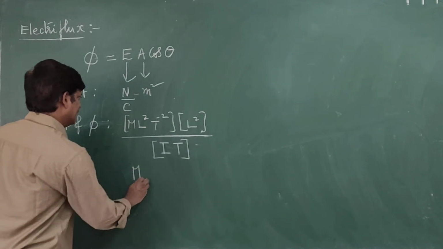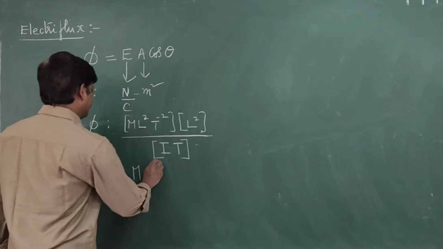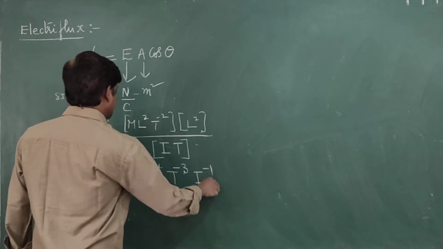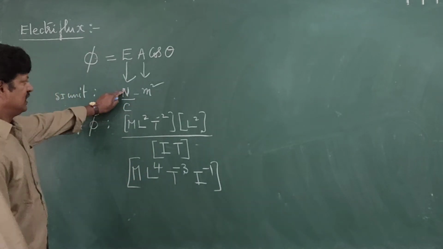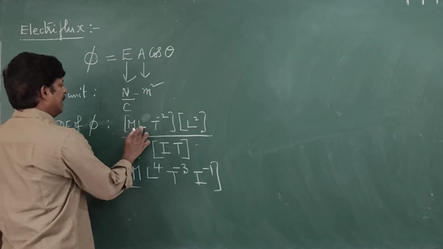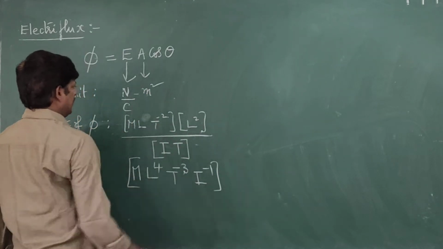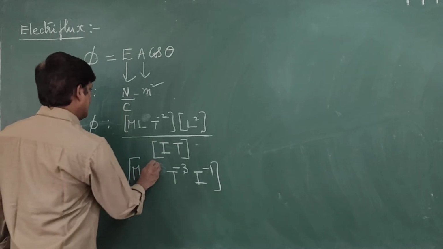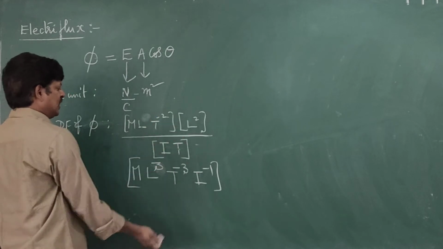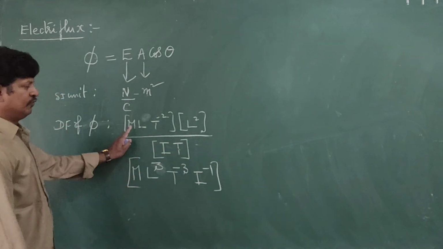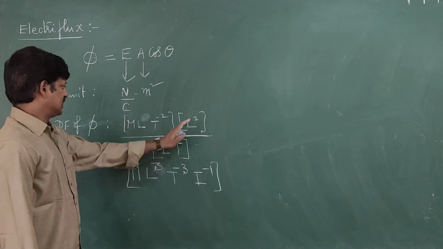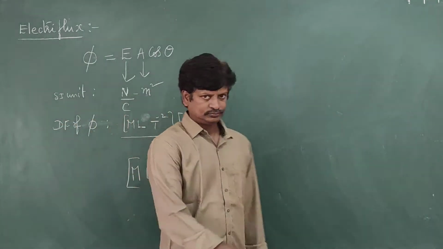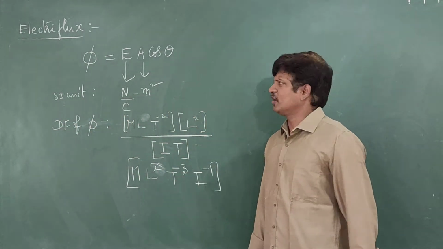That means we are going to get M L cube T power minus 3 I power minus 1.